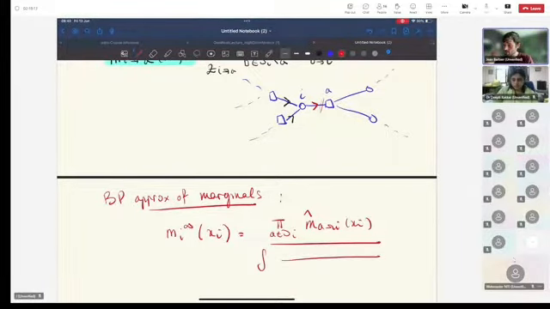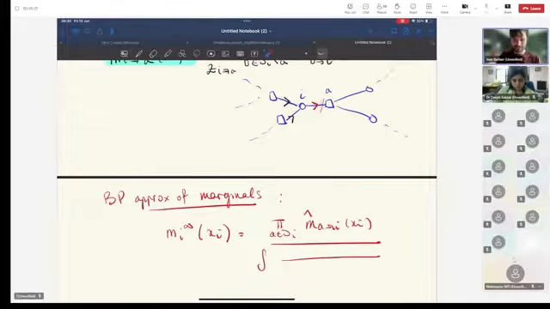So I'm considering all the messages that go toward the node from all the factors, and this is my approximation of the marginals, which can be potentially exact, and it can also not be exact. It depends.